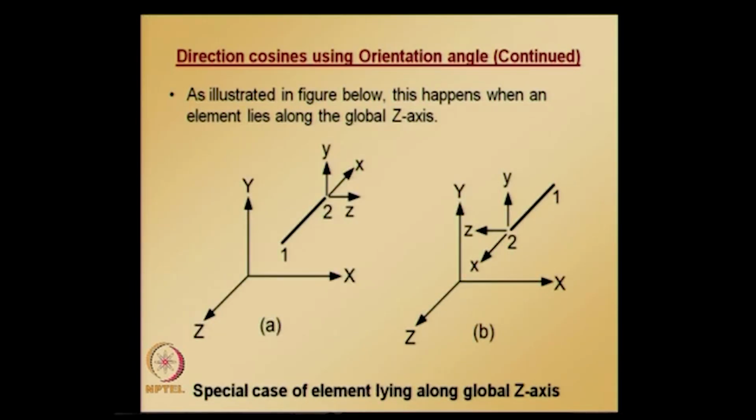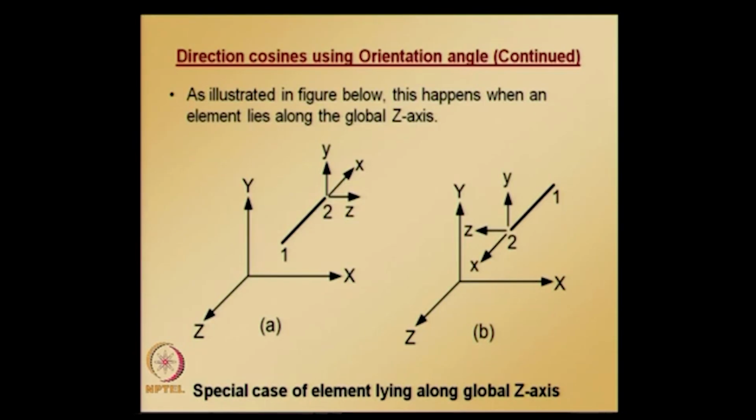Here two cases are shown in figure A and B. In both cases you can see Lxy is going to be 0, and Lxy is defined as the square root of Lx square plus Mx square.